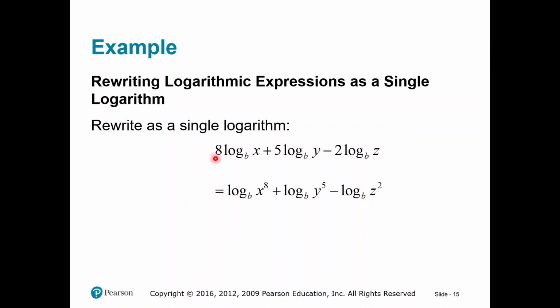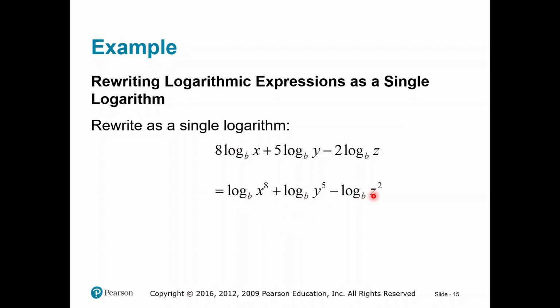Now let's move the 8 back to the power of x. In this case we use the power rule. We do the same thing with the 5 and the negative 2, actually just the 2. And so 5 now becomes the power of the y. The 2 becomes the power of the z. So we have z squared and y to the 5th.